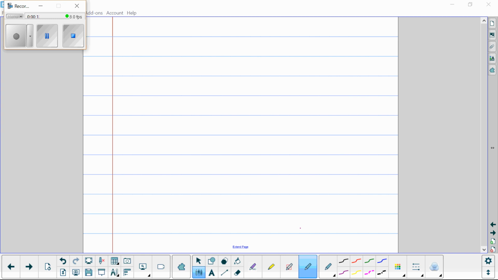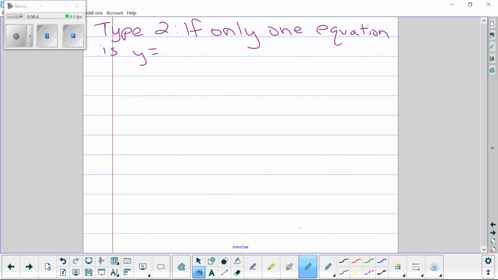This is still under the method of what they call substitution, but a type 2 system is if only one equation is y equals, or again, it could be x equals. It's much more common for it to be y equals. Then what we're going to do is substitute.